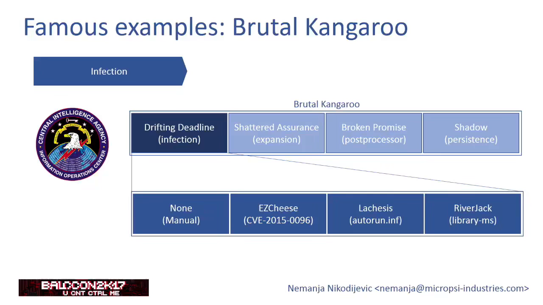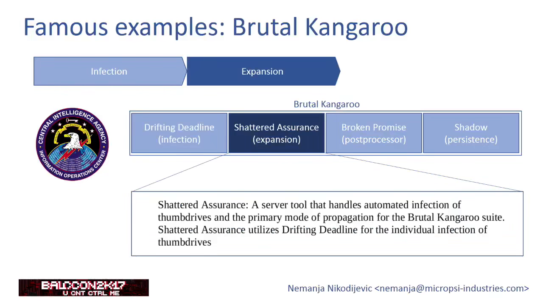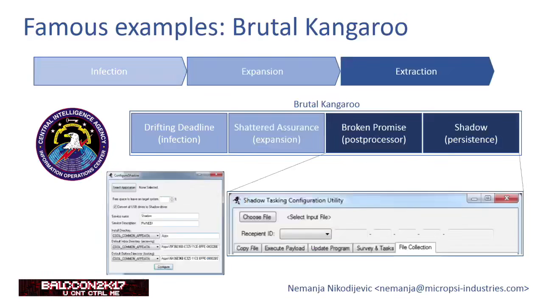And there are also 3 other means of automatically executing the malware once the USB stick is plugged into the air-gapped computer. And this tool, Shattered Assurance, would make sure that every new thumb drive gets infected. That tool is running on the victim machine, right?